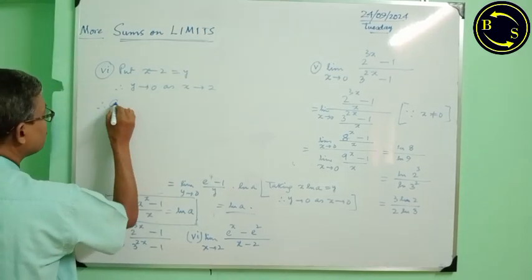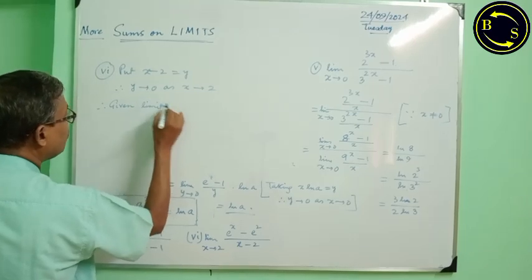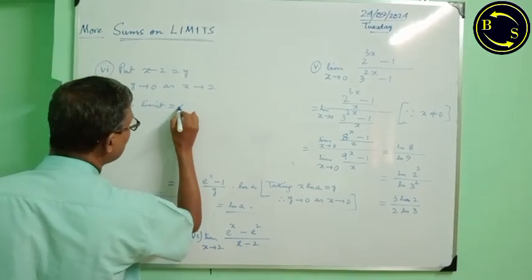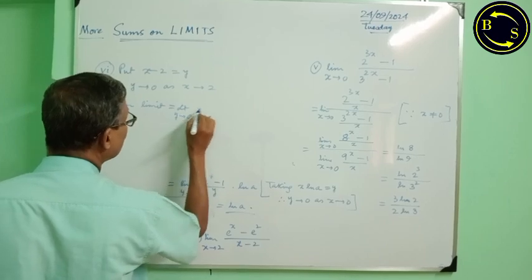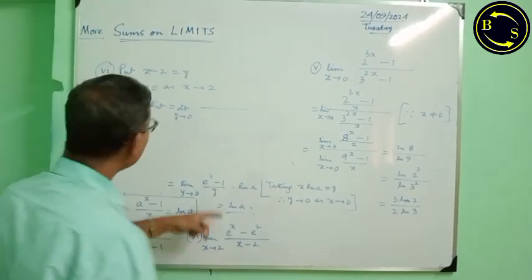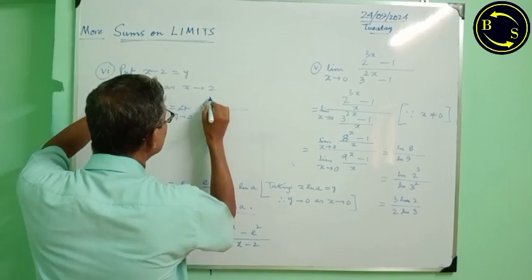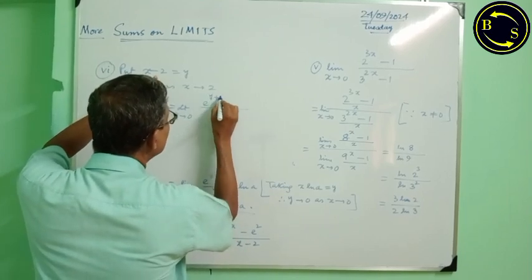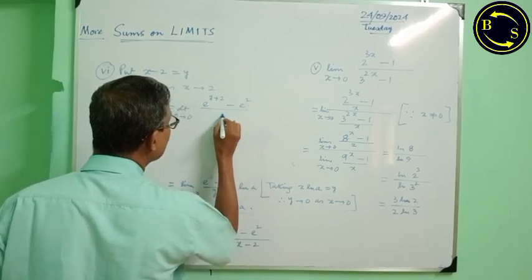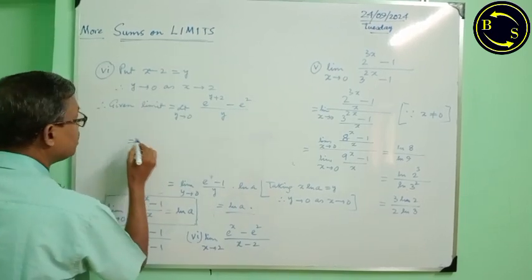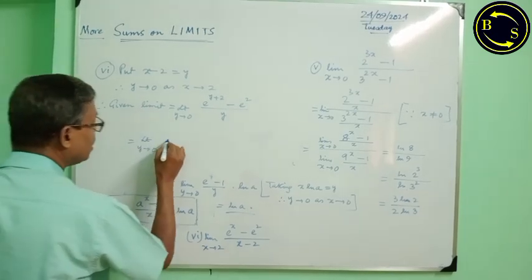Therefore, given limit is equal to limit y tends to 0, x is equal to y plus 2, e to the power y plus 2 minus e square by y. Limit y tends to 0.